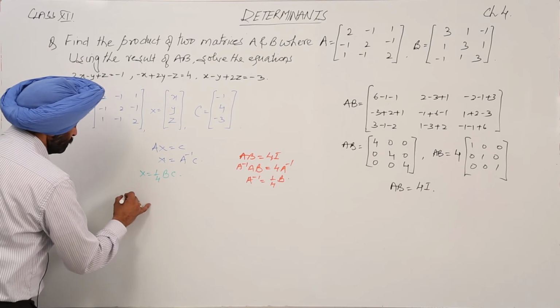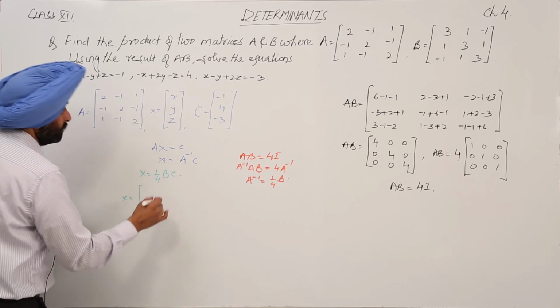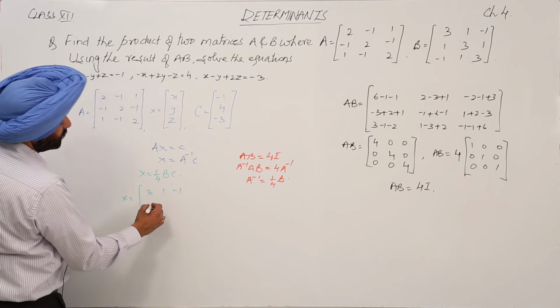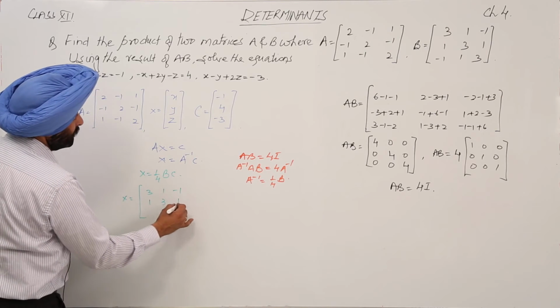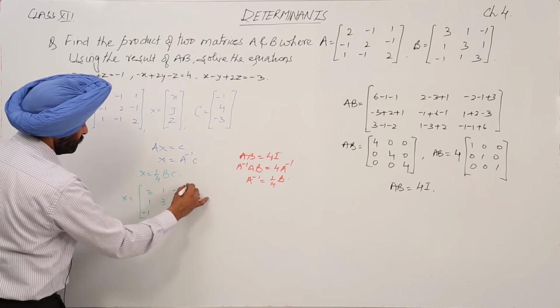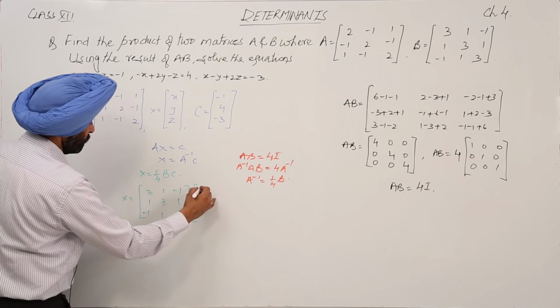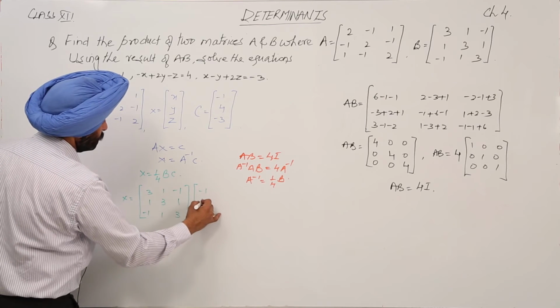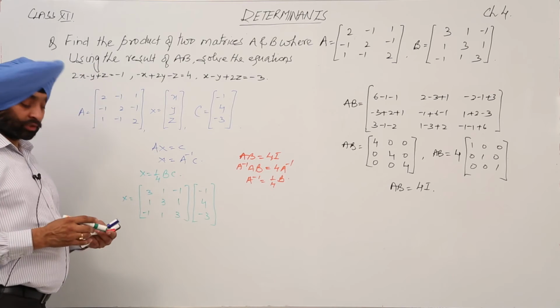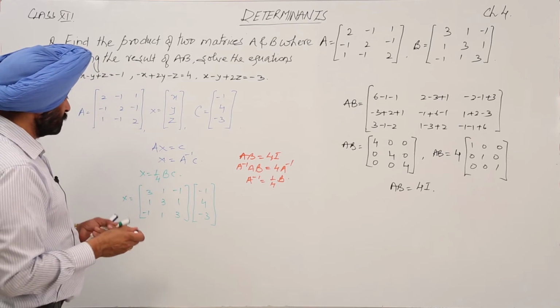Now X is equal to 1 by 4 times B, which is written there: 3 1 minus 1, 1 3 1, minus 1 1 and 3, and C is minus 1, 4 and minus 3. Okay, so let's solve it now.